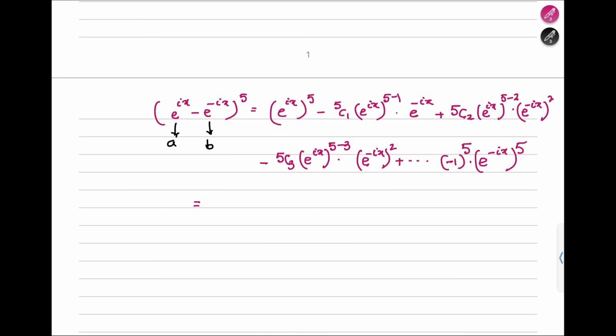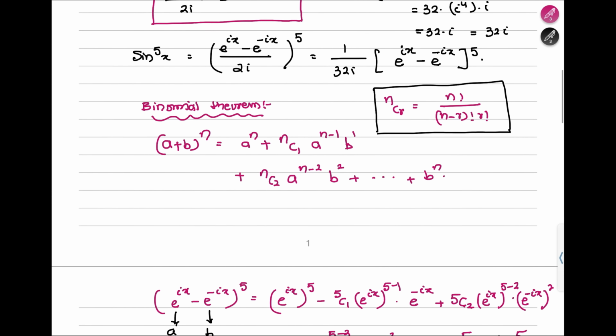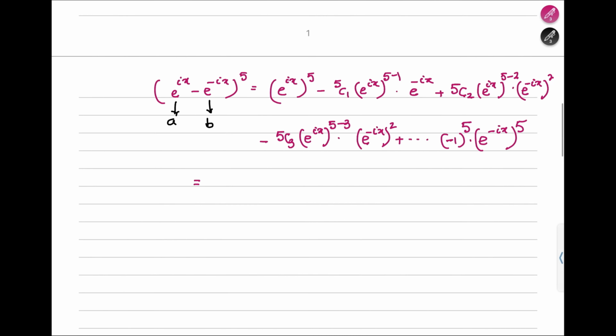This value will be equal to e to the power of ix to the power of 5, which is e to the power of i into 5x. Similarly, you just see.